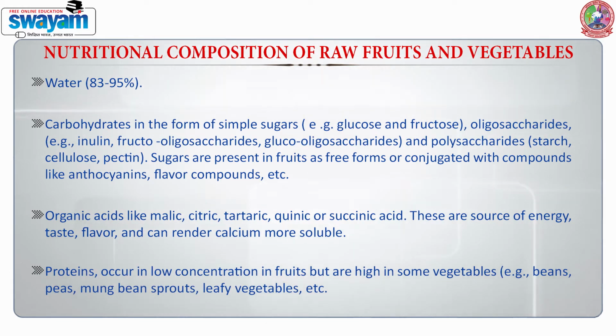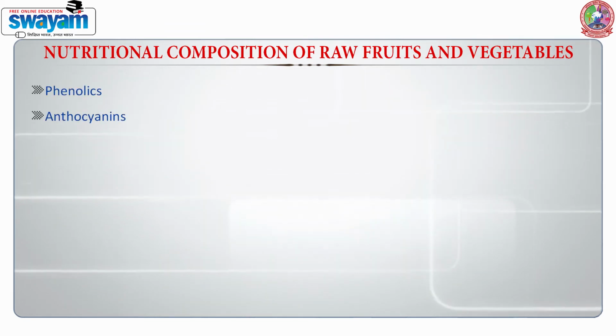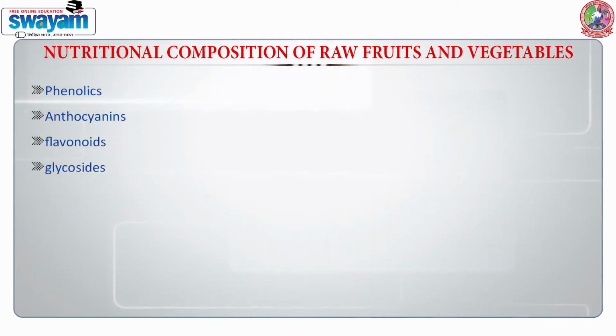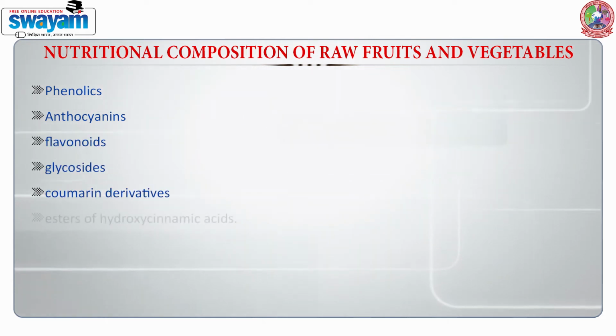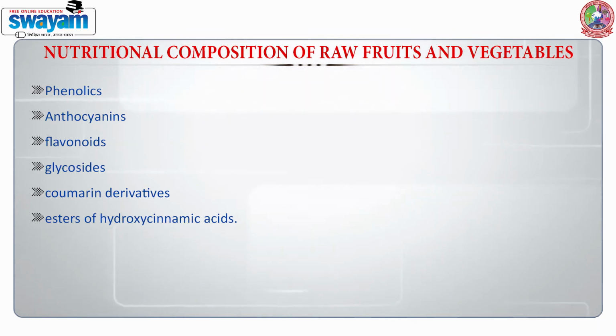Proteins occur in very low concentrations in fruits, but there are certain vegetables which are rich in protein content. Some examples are bean, peas, mung bean sprout, leafy vegetables, etc. Fruits also contain phenolics like anthocyanin, flavonoids, glycosides, coumarin derivatives, esters of hydroxycinnamic acid and these collectively impart antioxidant properties.